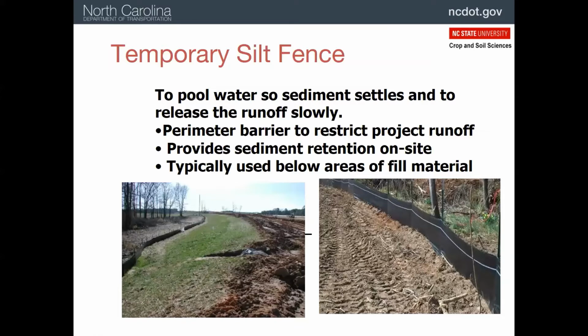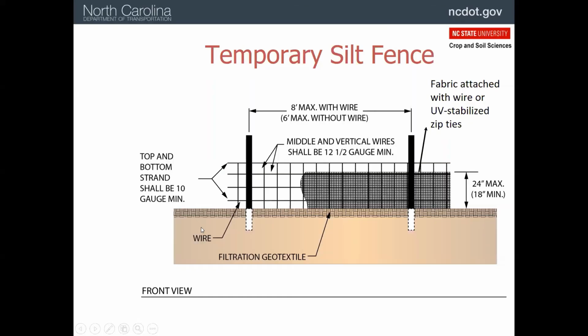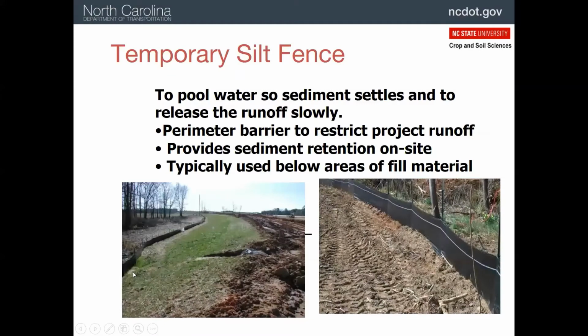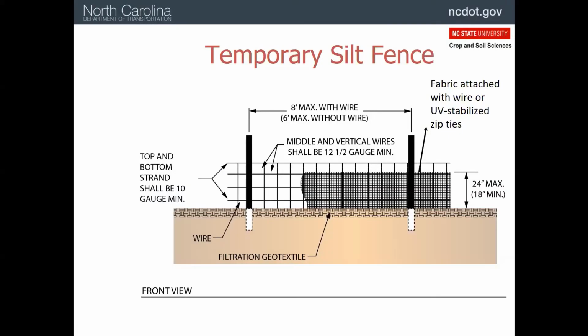So just small edges that maybe aren't draining into a sediment basin. So these are usually on the edge of the project. They may be a safety fence on the other side of it, but they should be set up so that they pool the water and drop out sediment. So we want to make sure that they're buried at the bottom so water can't get underneath them.